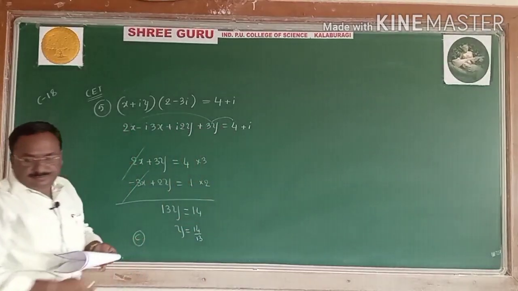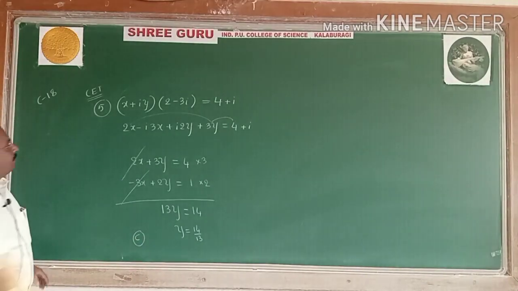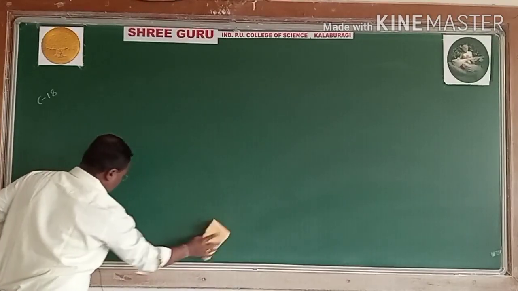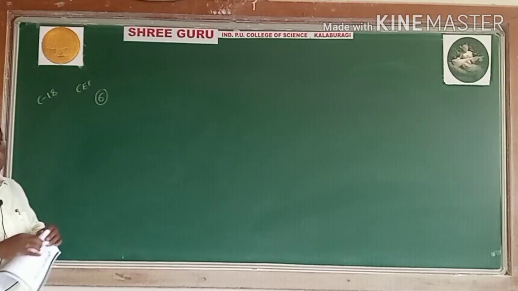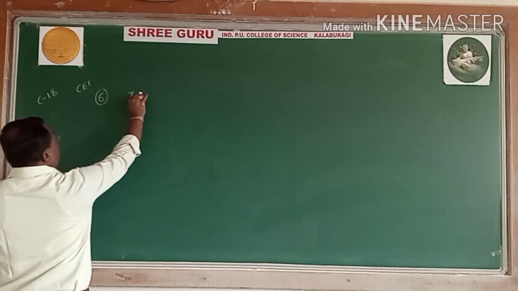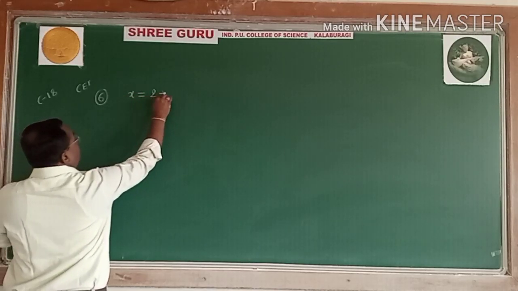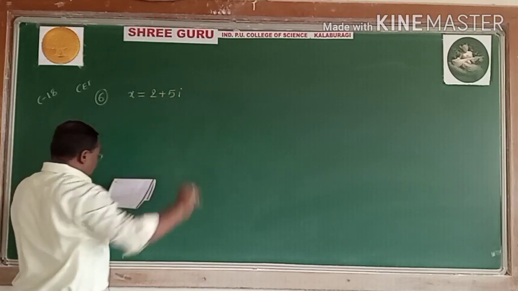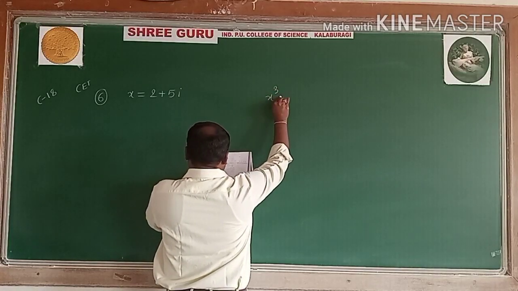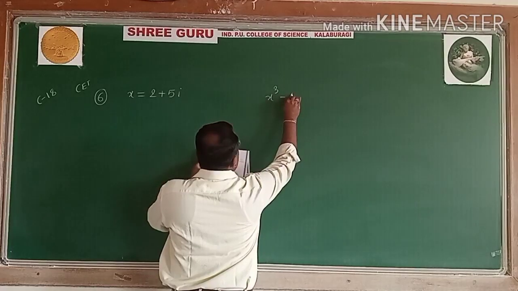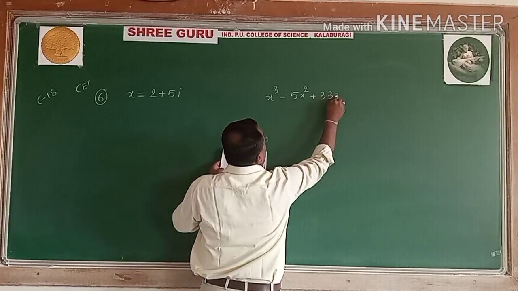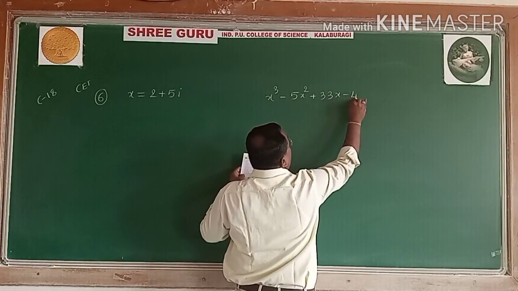Next, example number 6. Here x is equal to 2 plus 5i, a complex number. Then find x cube minus 5x square plus 33x minus 49 is equal to what?